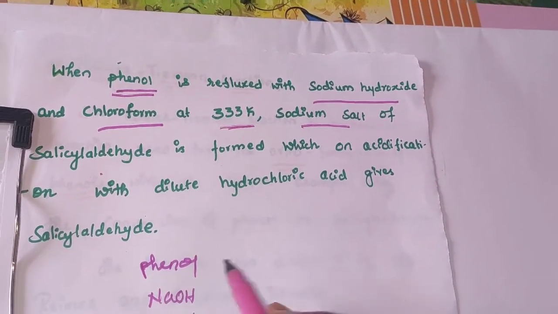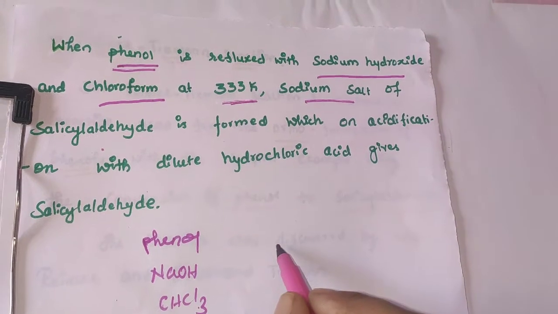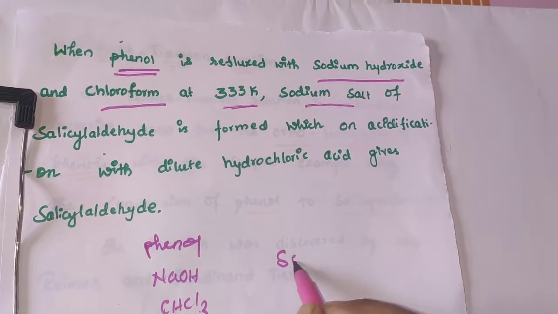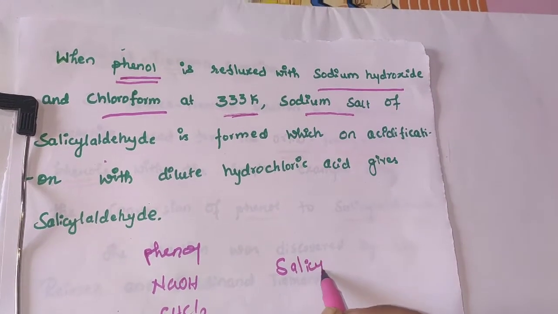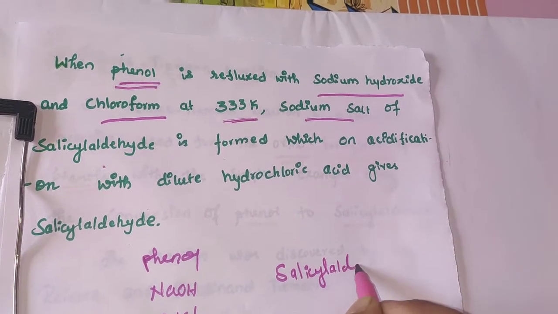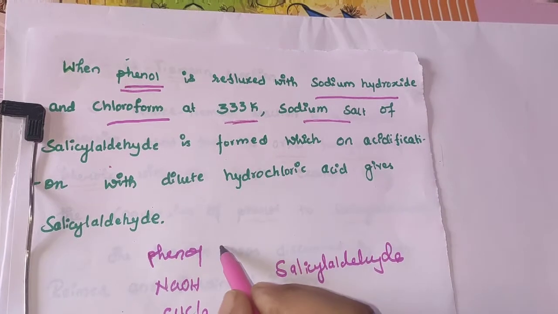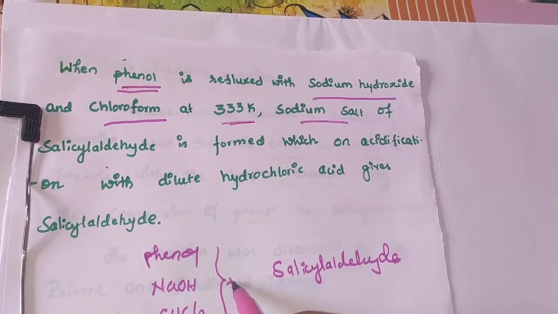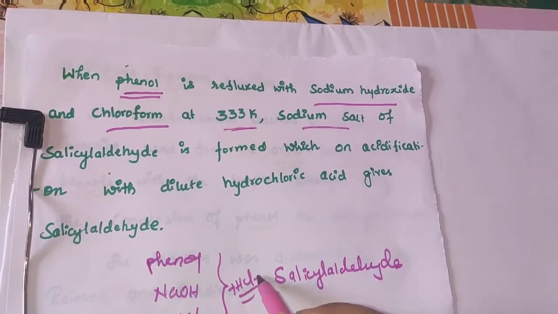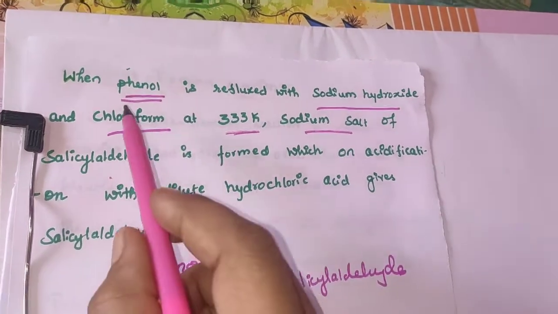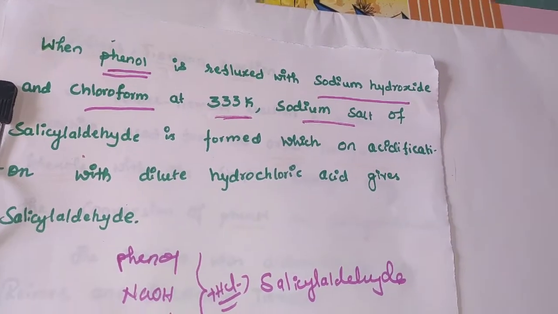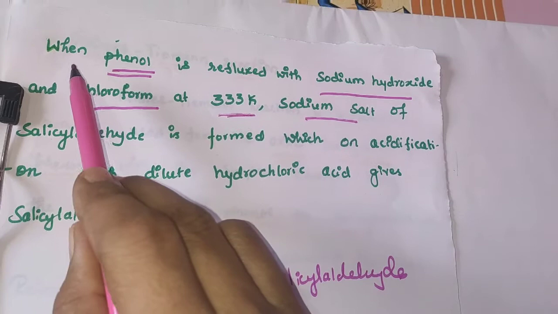Then the final product obtained is an aldehyde, usually known as salicylaldehyde. For acidification we use HCl. Now let us understand the explanation given here.